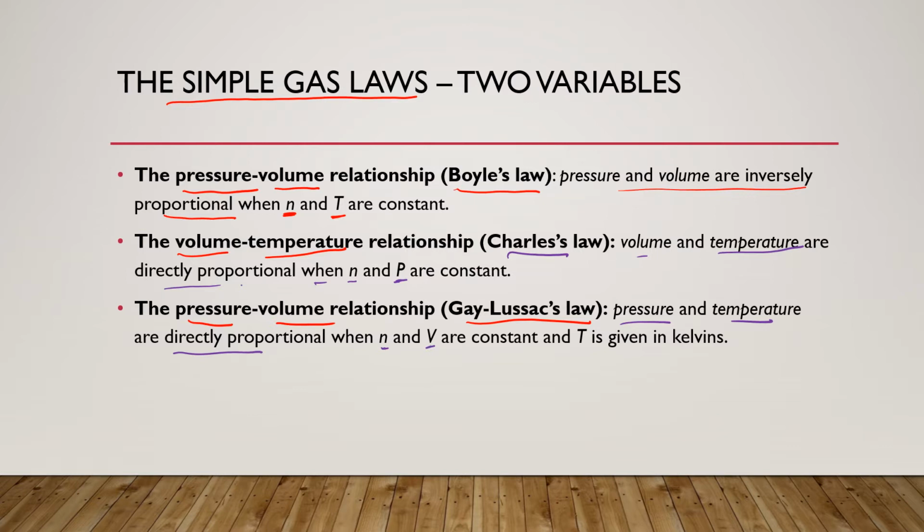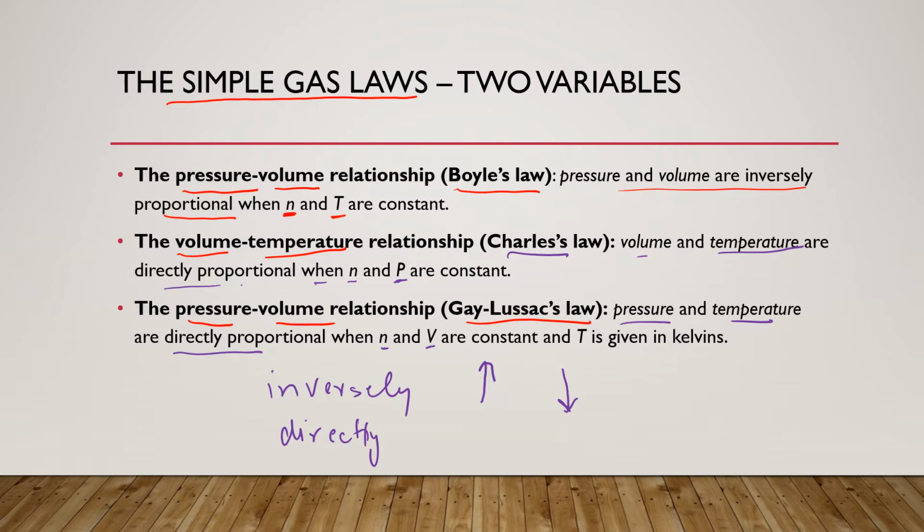Now, in all these laws, we saw the terms inversely proportional and directly proportional. So what's the meaning of inversely proportional and directly proportional? Inversely proportional means if we increase one variable, the other variable goes down. This relationship is known as an inversely proportional relationship.